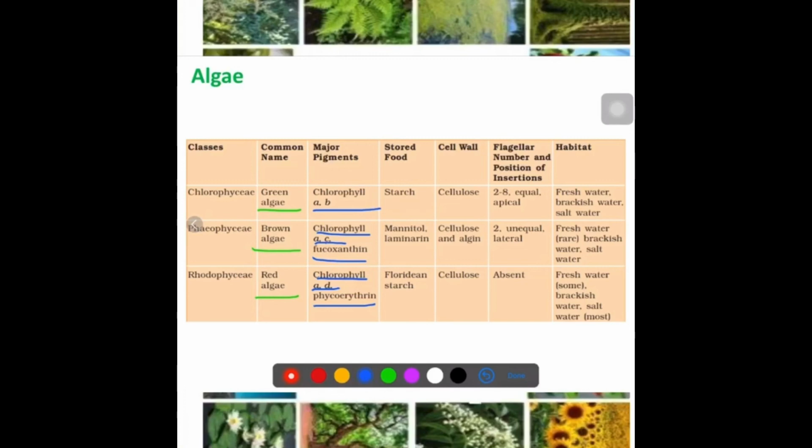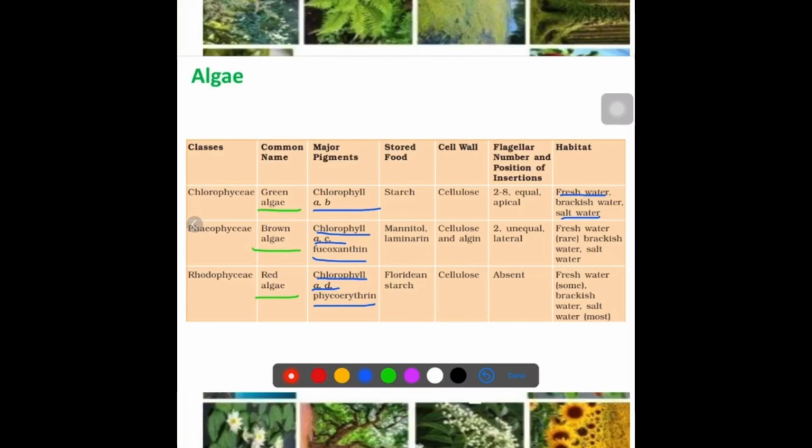Now come to the habitat. Chlorophyceae are found mainly in fresh water, but can also be found in marine water and in brackish water. Brackish water is somewhat saltier than fresh water, but less salty than salt water or marine water.